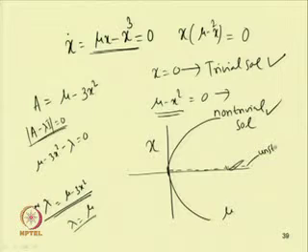Corresponding to mu negative, lambda becomes negative, so this branch becomes stable. So, I have a stable trivial branch x corresponding to a negative eigenvalue. So, this is the stable branch.